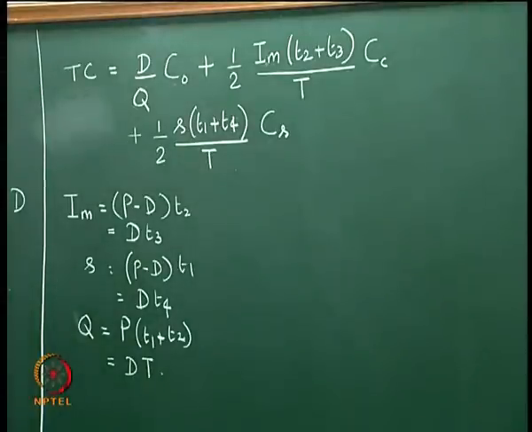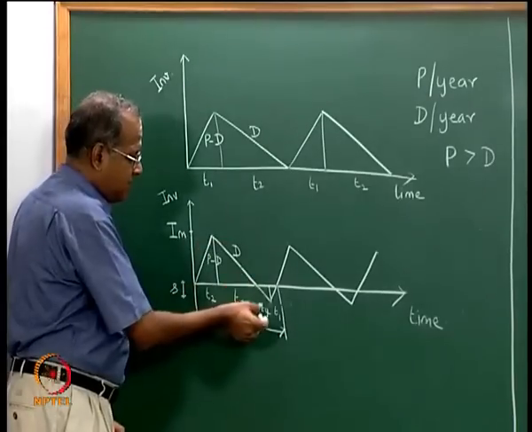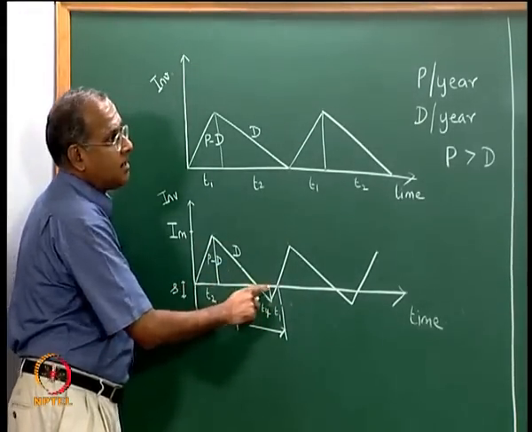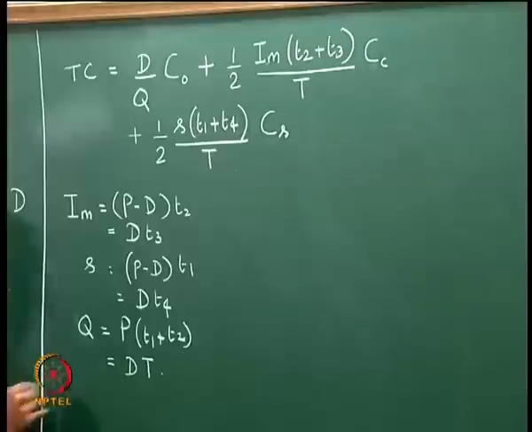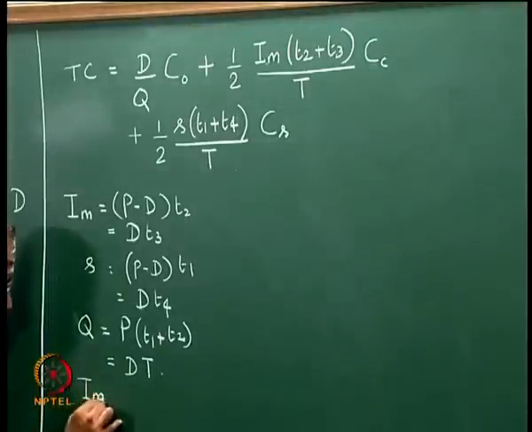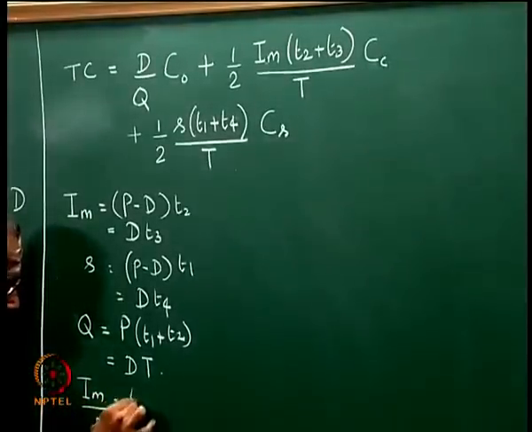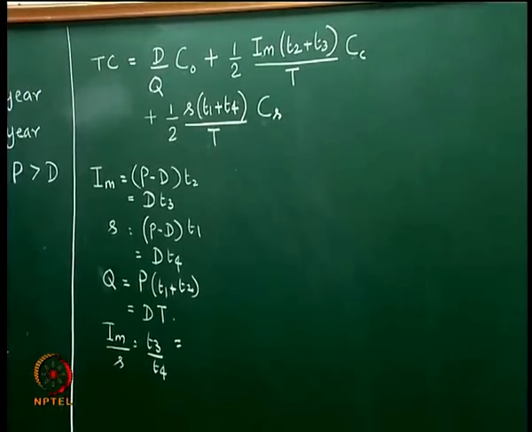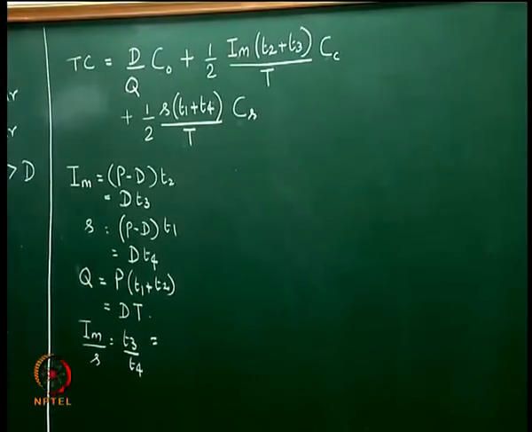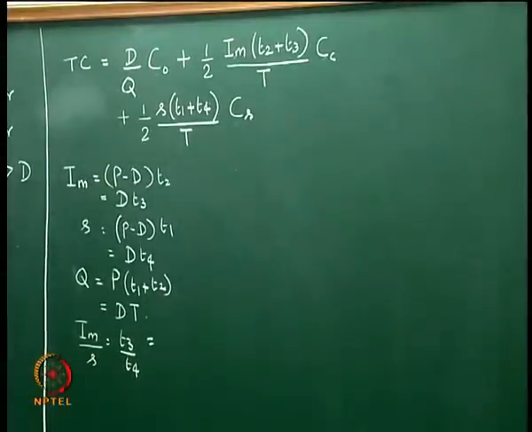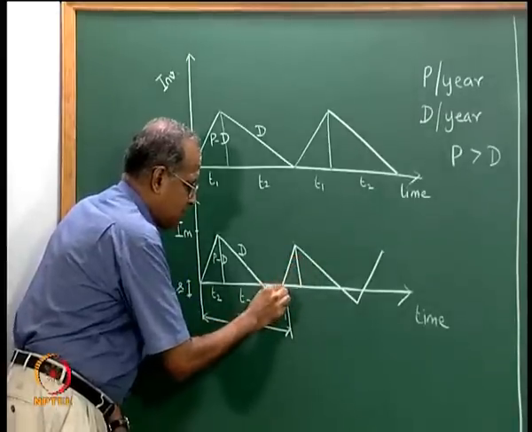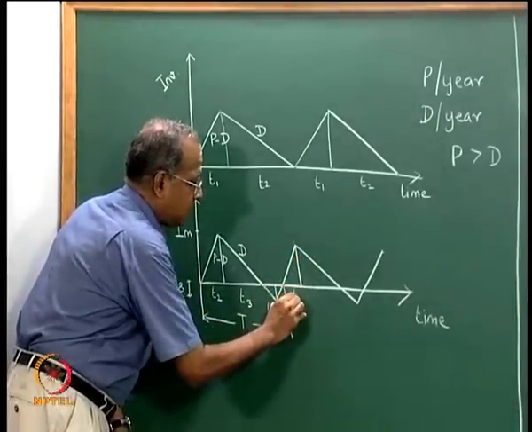And we also have from similar triangles, this is Im, this is S. So, Im by S is equal to T3 by T4. Also, this is T1, this is T2.